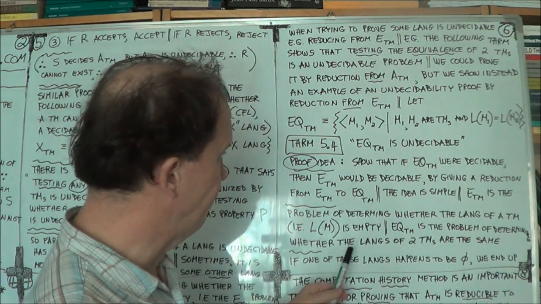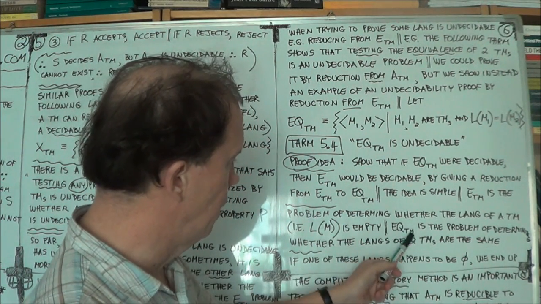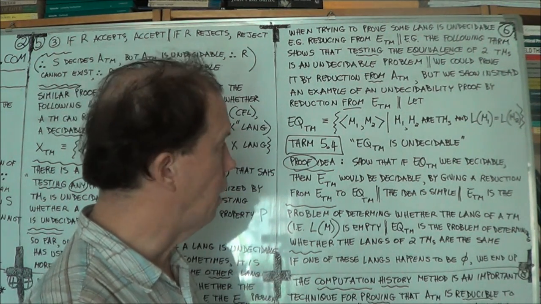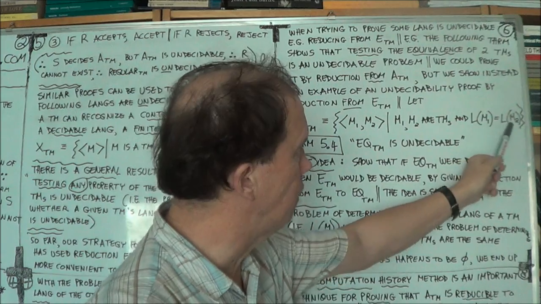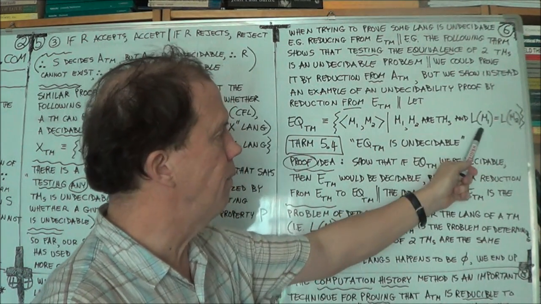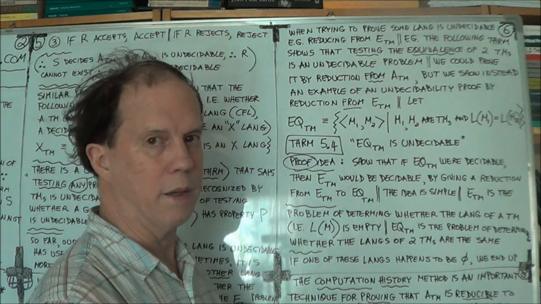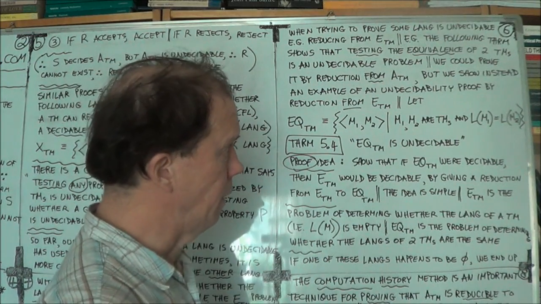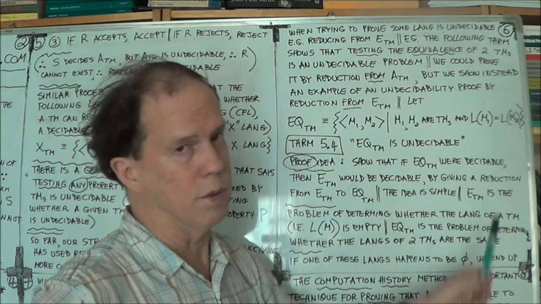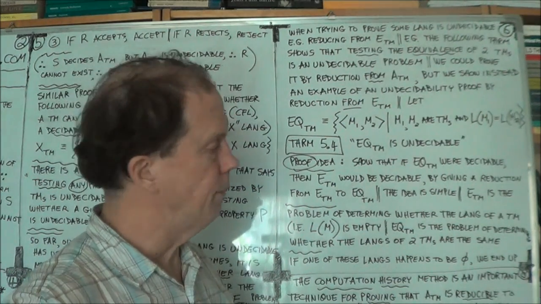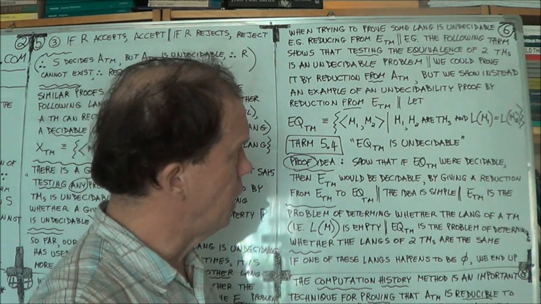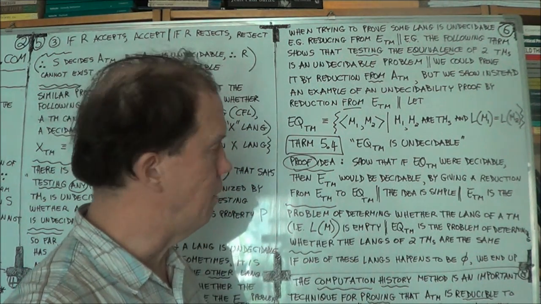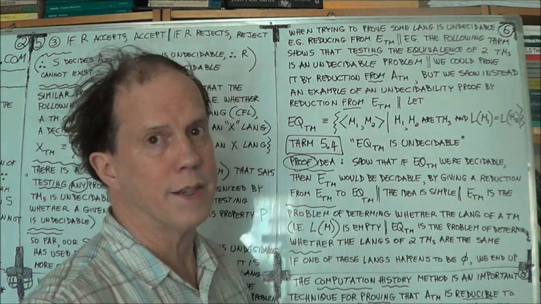This problem is to show that the languages of two Turing machines, M1 and M2, are the same language. This equals that. Say one of these languages is the empty set. Well, that means you have to show that the other language is also empty. But showing that a language of a Turing machine is empty, that's this problem, and that's undecidable.